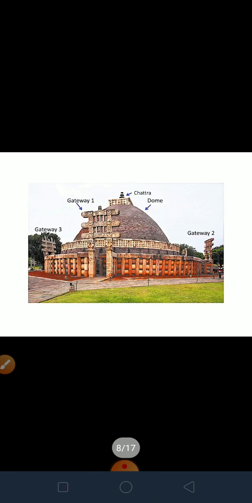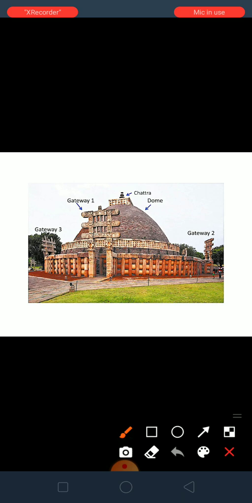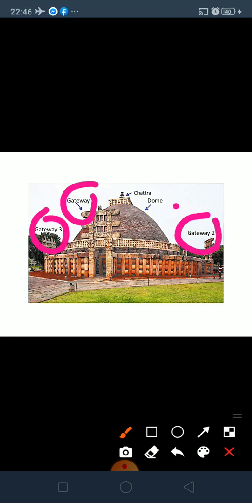Here in the picture you can see gateway 1, gateway 2, gateway 3, and on the back side there is gateway 4 that we cannot see. This structure is the dome, and here you can see the chhatra. The three chhatra represent the three jewels of Buddhism.